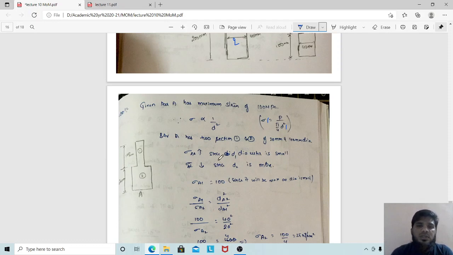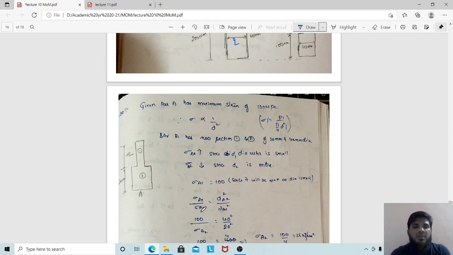Now since both the areas are having a relationship, we can take out the relationship between these two. When they say this is the maximum stress, the material will be subjected to the same kind of loading, because it is the same material and only the dimensions of the cross sections are changed. So the load is constant, and sigma is inversely proportional to the square of the diameter.